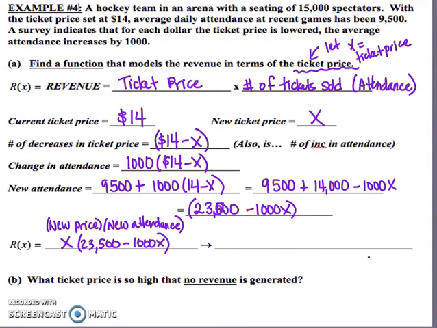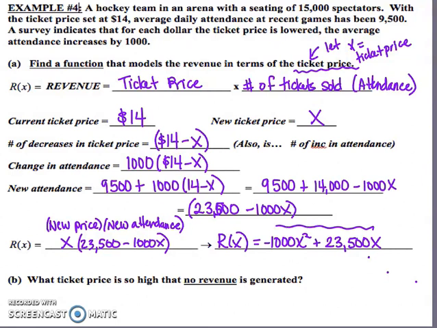And if I distribute that X, then our revenue function is going to be equal to negative 1,000 X squared plus 23,500X. So there's our function.